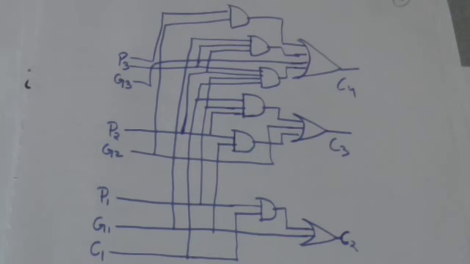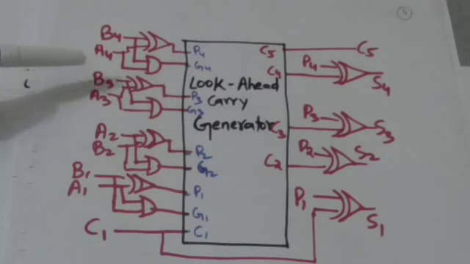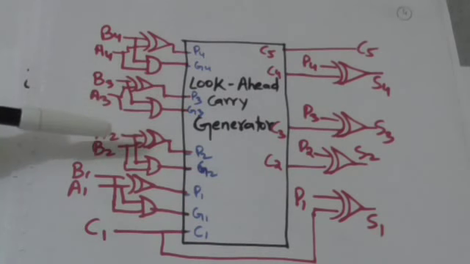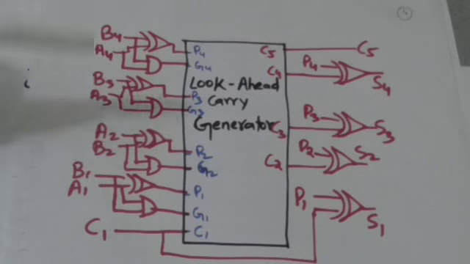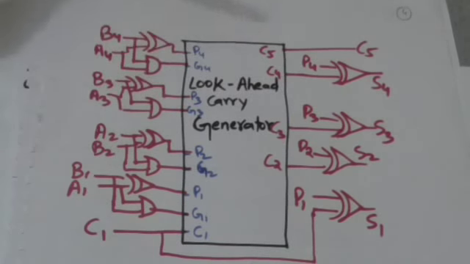Now we can add this logic of look ahead carry generator with a 4-bit binary parallel adder. Now this is the 4-bit binary parallel adder along with look ahead carry generator.